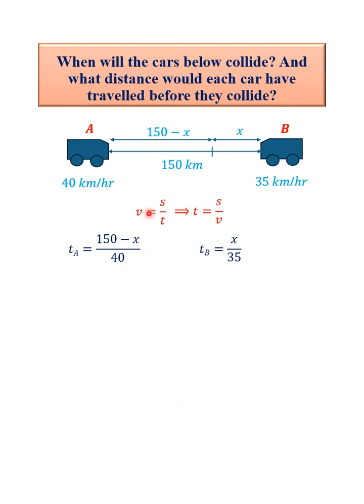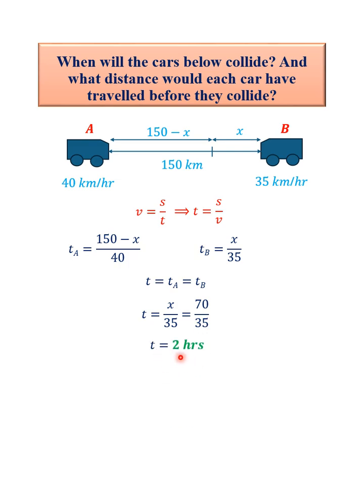On the next page, we have all of this formula from the previous page. We know that TA is equal to TB. So if we just get the time T, the T becomes equal to the time for TA and TB. So I'm saying in essence that the time it takes whenever they collide is equal to the time of A and is equal to the time of B. So we are going to just pick any of these equations, and I'm going to pick TB, which means the time will be equal to x over 35, where x is 70. 70 divided by 35 gives us 2.